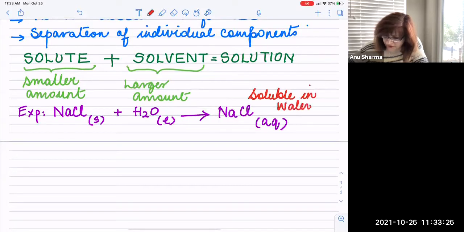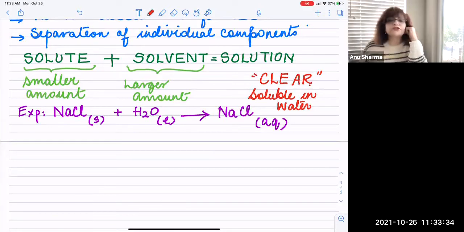It dissolves in water and forms a clear solution. If you have a small amount of it, it forms a clear solution, so it is soluble in water.